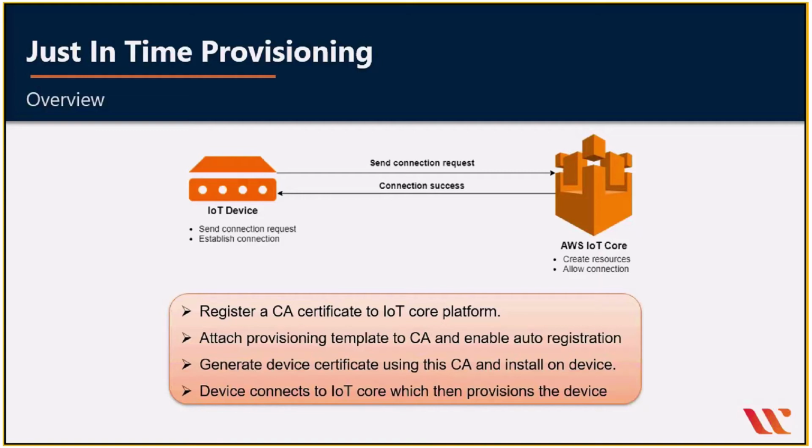After CA registration, the device certificate should be created using the registered CA and installed on the device. So when the device makes a connection to the IoT Core using the certificate, the IoT Core service verifies the identity using the registered CA and creates thing, policy, and the certificate using the mapping provided in the provisioning template.